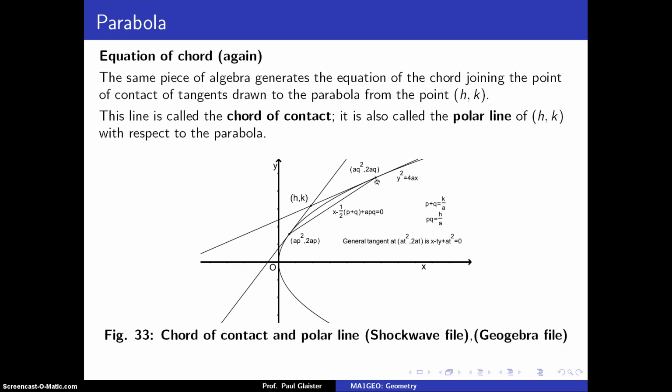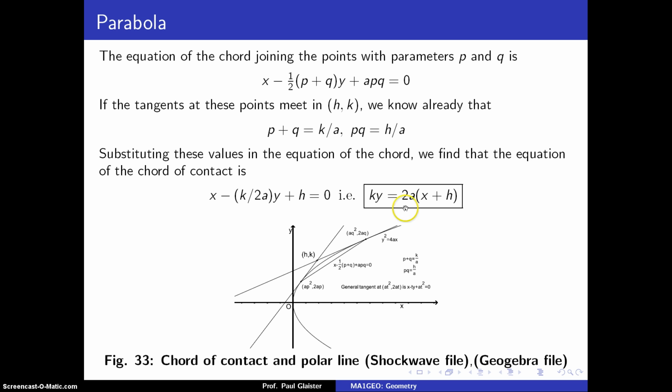From our previous expression for the equation of a chord, we know that the chord through (AP squared, 2AP), (AQ squared, 2AQ) can be written as shown on the next page. So that will be the equation of the chord of contact, but we don't want to use P and Q in that. We only know the coordinates H, K, and obviously the parameter A in the parabola.